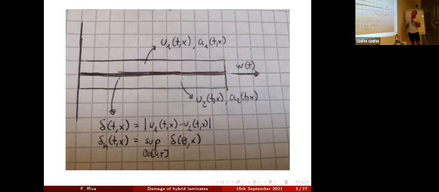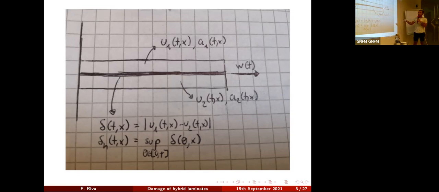And here you can see the variables involved in this model. U1 and U2 are the horizontal displacements of the bars, while alpha 1 and alpha 2 are the damage variables, the phase field variables, which model the damage which these bars can have.